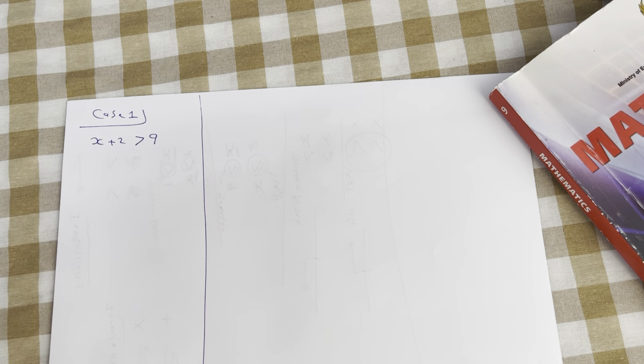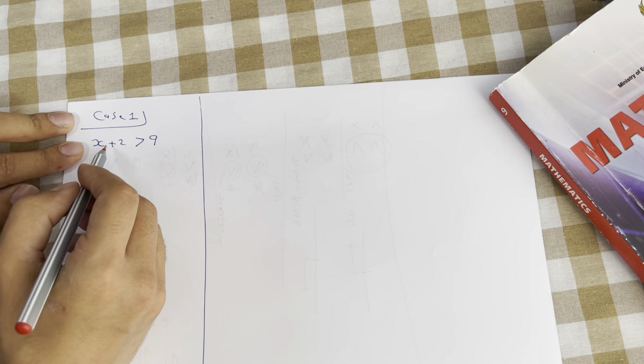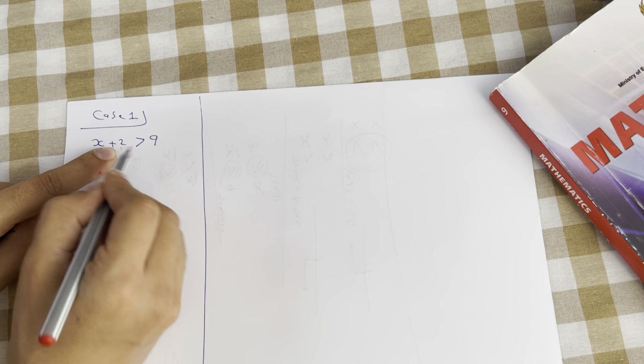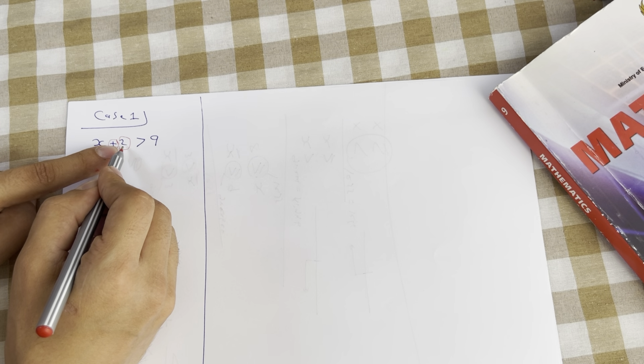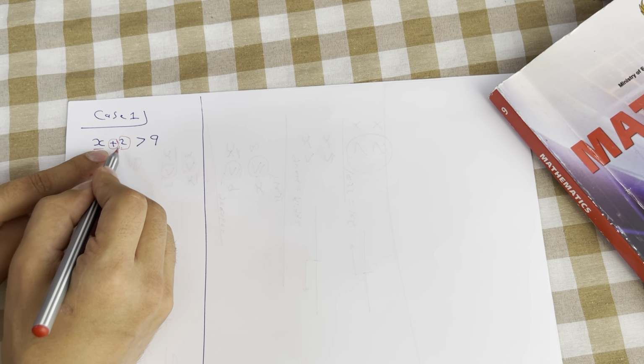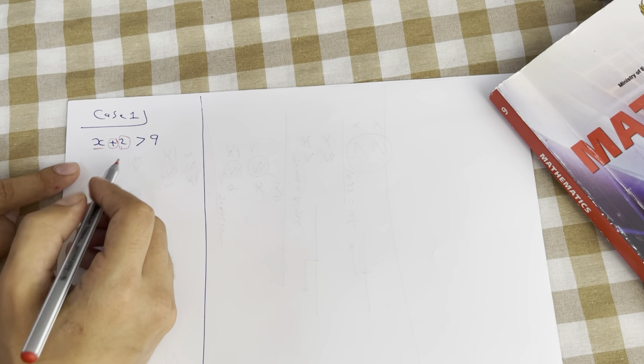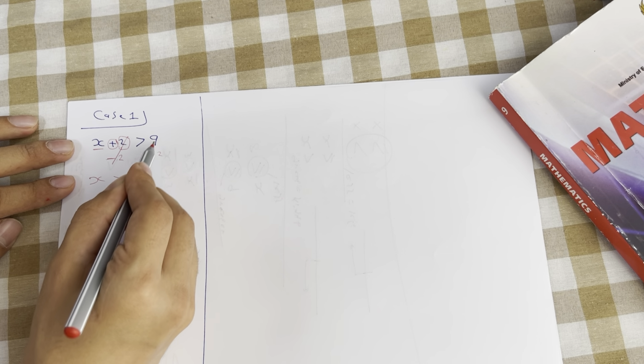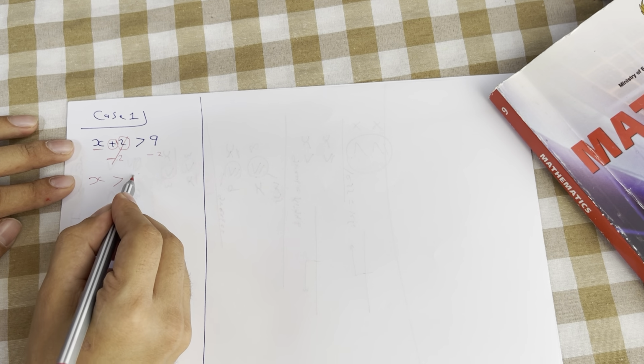We have 2 with x and the relation between them is plus, so I have to use the inverse operation. To remove this 2, I add -2 to both sides, and they cancel. X greater than 9 minus 2 equals 7. So this is my result.